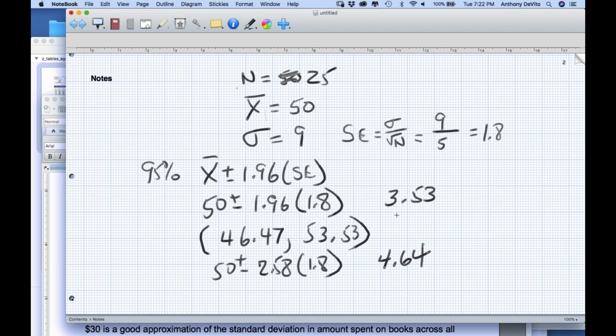It's bigger than that 3.53. So now it's going to be 50 minus that, which is 45.36, to 54.64. It's a wider range. Since it's wider, we're more confident. We're 99% confident instead of 95% confident.